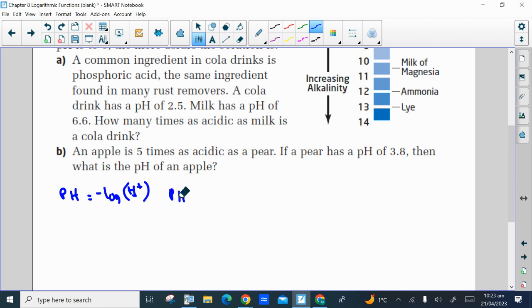We'll have pH 2, which will be the one that is more acidic. That will be negative log of H positive 2. And we'll have pH 1, which will be the one that is less acidic, is negative log H positive 1.